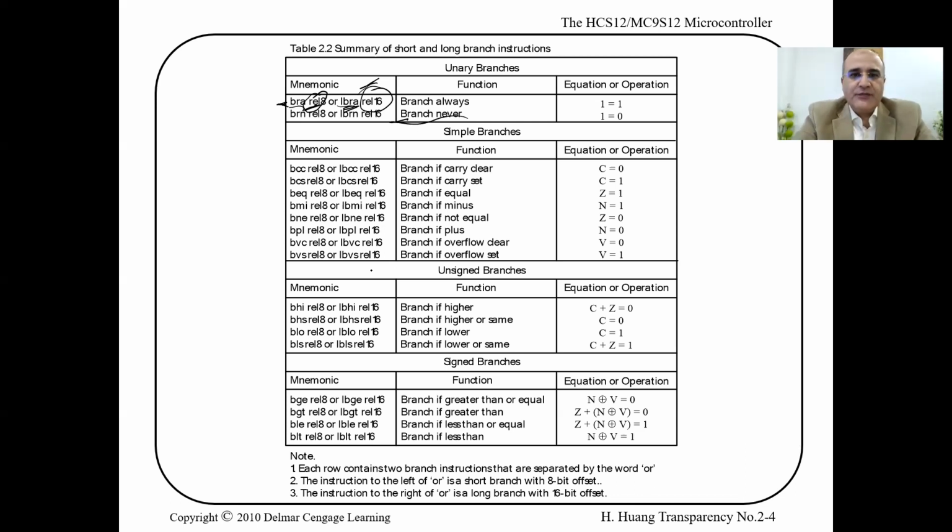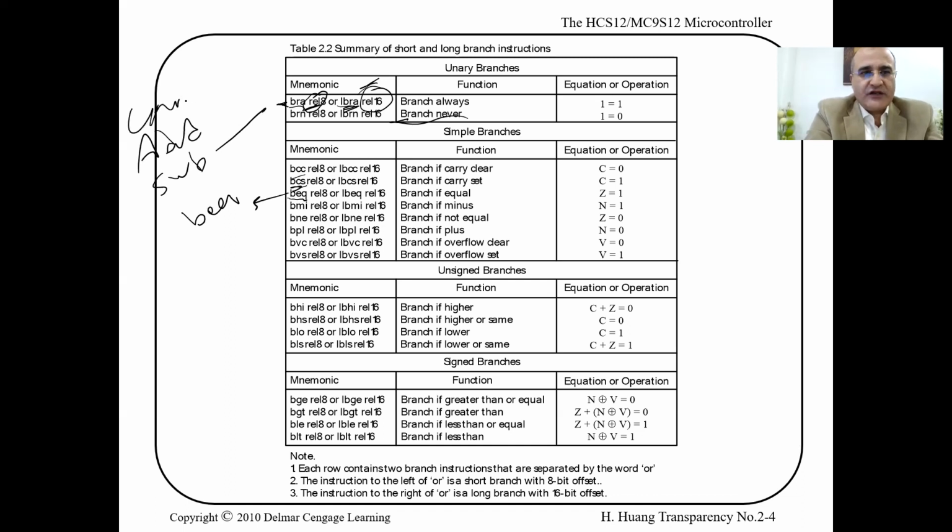Okay. Simple branches like branch if carry flag clear, branch if carry flag set. Clear means 0, set is 1. Branch if equal. Usually you use this instruction, branch if equal, after, for example, a subtract instruction, or an addition instruction, or a compare instruction.